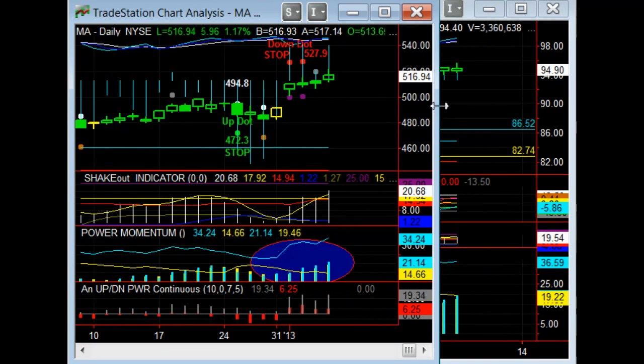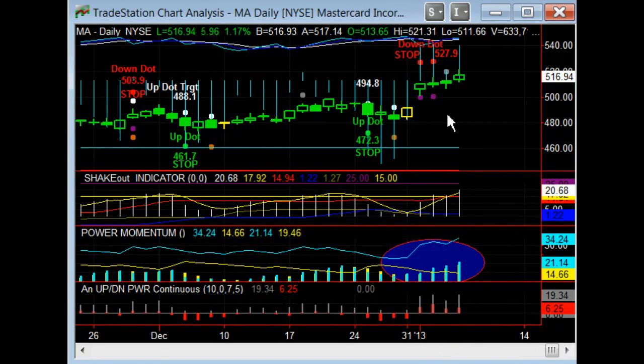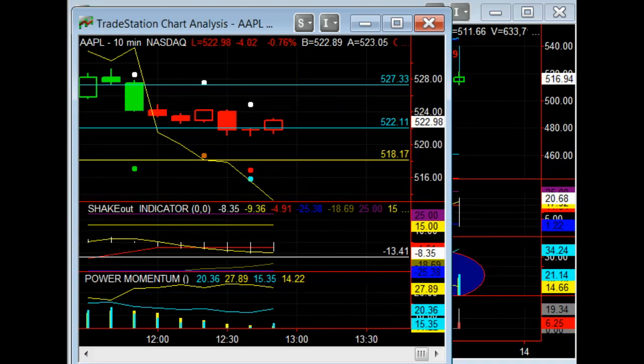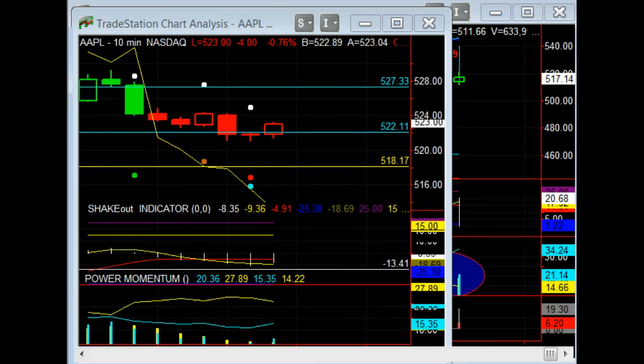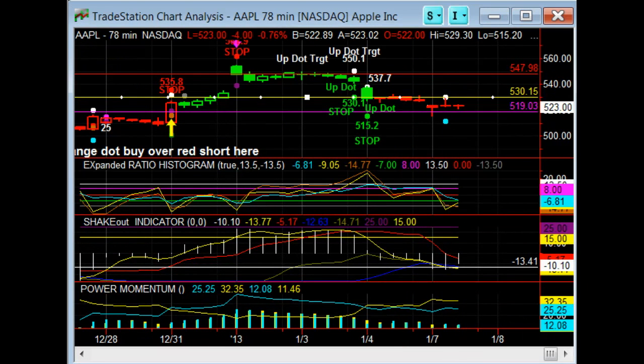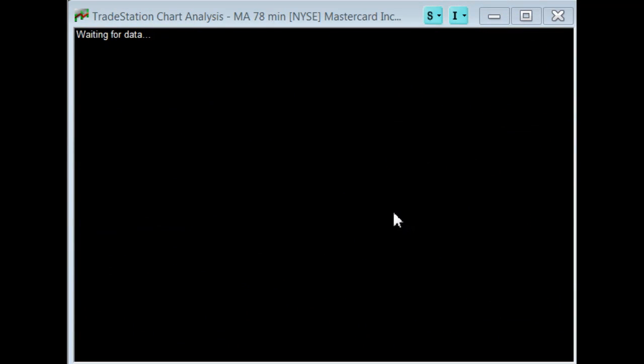Here was the MA Daily that we were showing intraday from. Oh, and I think I put that MA intraday. Where is that? Oh, I switched it. Let's go to an MA then for the intraday, because we were showing that it had a short, and I'm not sure if it met that short.